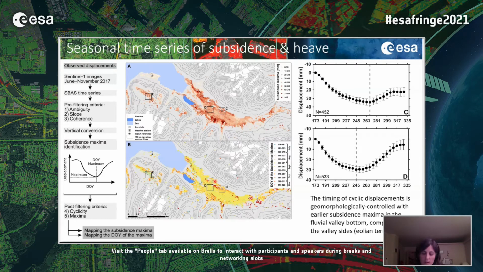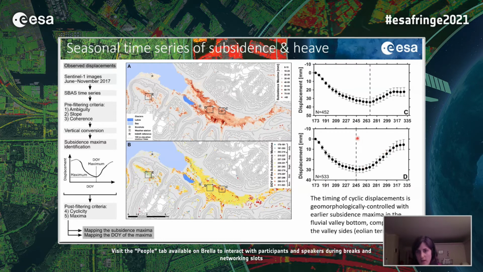And one thing we can already see, if we select some areas in this relatively small area of some tens of kilometers long, is that we see spatial variations, and the timing of the cyclic displacement is actually geomorphically controlled, with, in this case, earlier subsidence maxima in the fluvial sediments in the bottom of the valley compared to the valley sides composed of aeolian terraces.